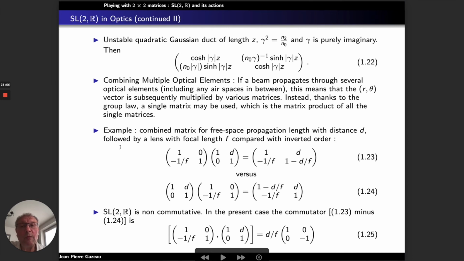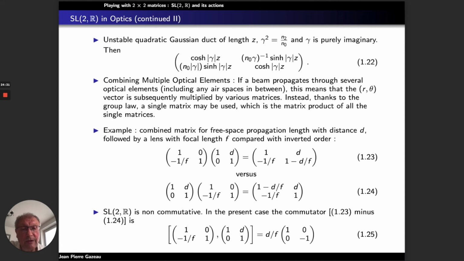For instance, if you combine a free space propagation with distance d, followed by a lens with focal length f, compared with the inverted order, you will get on one order this matrix, and with the other order we will get this matrix, and of course the two matrices are not the same because SL2R is non-commutative.